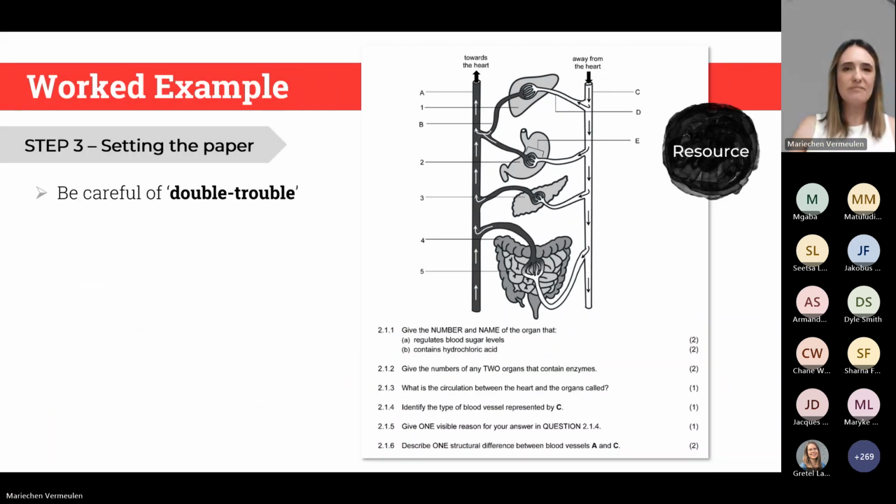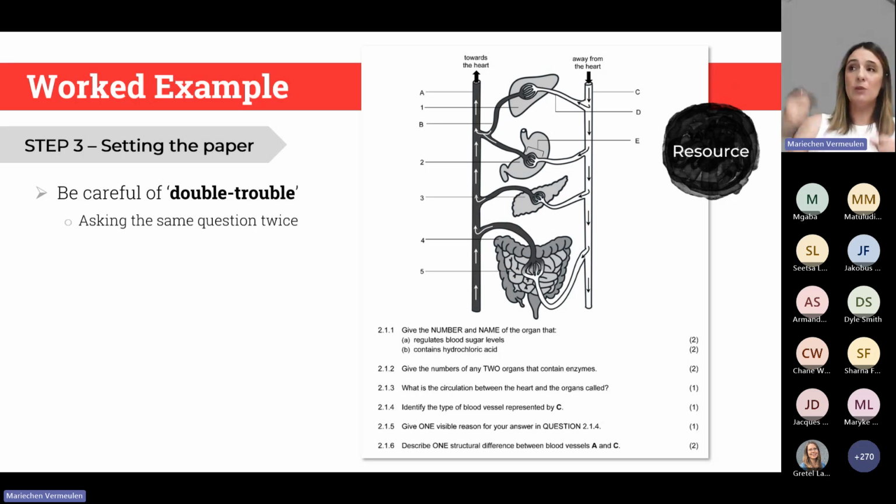Okay. Now that double trouble error I mentioned earlier can obviously creep up into the same question as well, and we have to be mindful of that. So be careful of asking the same question twice, for example, the same label or the same function.